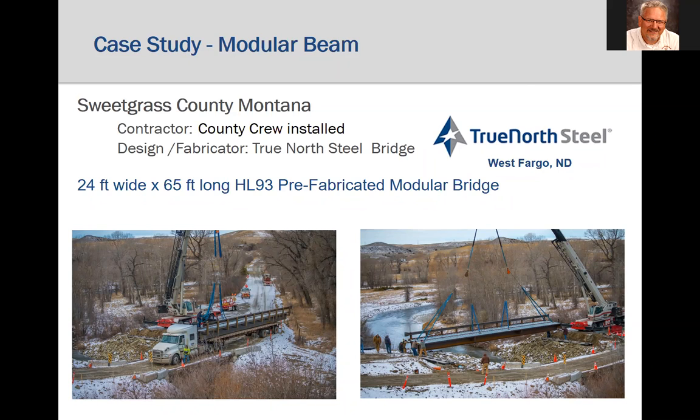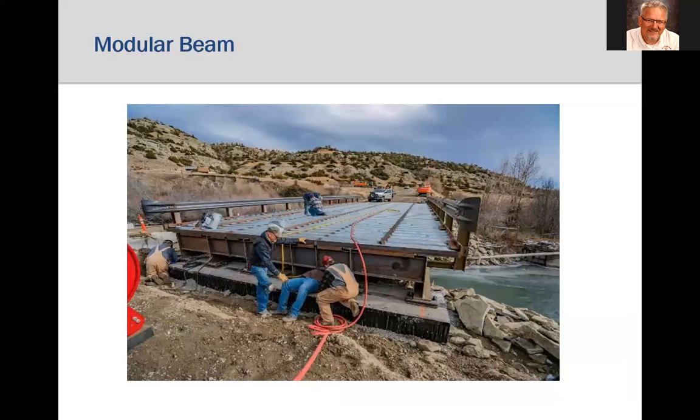The modules had a pre-installed guardrail and corrugated metal deck for a gravel roadway. This bridge also used accelerated bridge construction abutments.